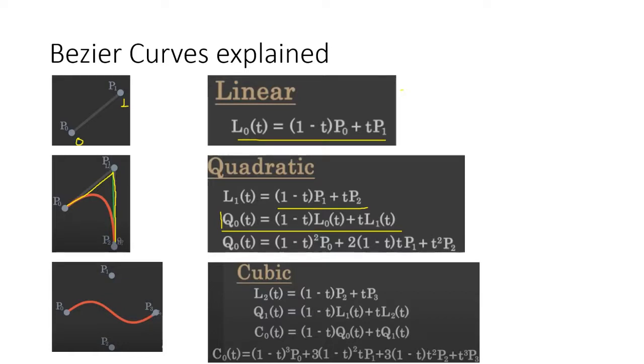How we got this equation, we are getting this equation also, but here instead of P0 and P1 we are considering the linear equations of them, that is L0(t) and L1(t). Okay, so that is how we are getting it. Now if I further simplify this equation and put the actual values of L0 and L1 over here and here, I am going to get this equation.